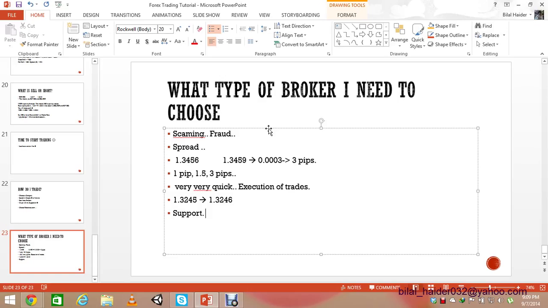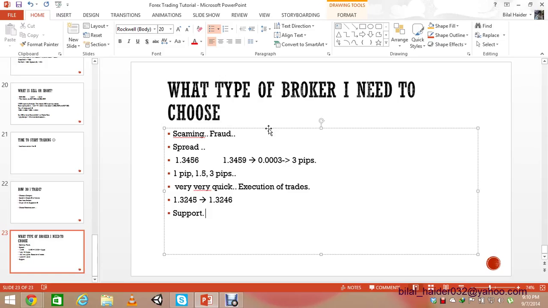So for that, either you will email them, or you will contact their live support on their website, or you will call them on the phone numbers they provide on their website. Their support team must be very good and very responsive.